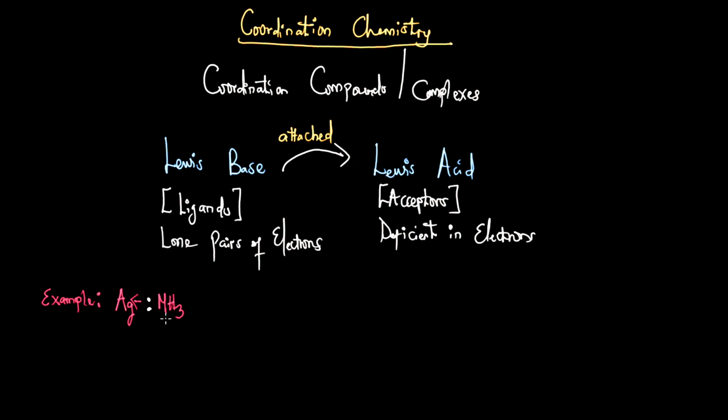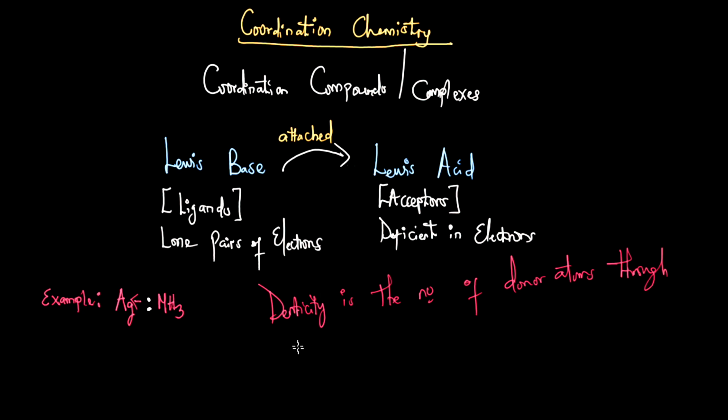This concept of donor atoms brings about denticity. Let me write it here. Denticity is the number of donor atoms through which a Lewis base is attached to a Lewis acid.